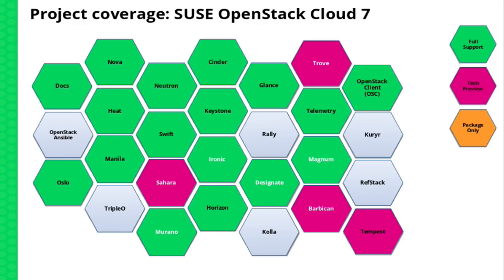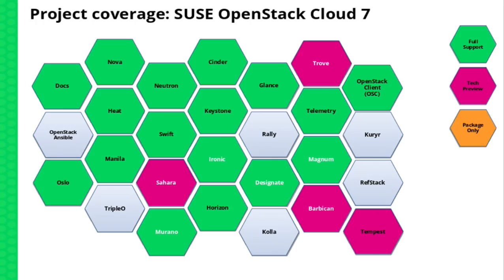Cola, maybe, because that's how I deploy all these other services in containers. And that's something we're going to look at. There are other projects that can do containerized deployment of OpenStack services. So we're going to look at that as part of post-Cloud 7 activities.